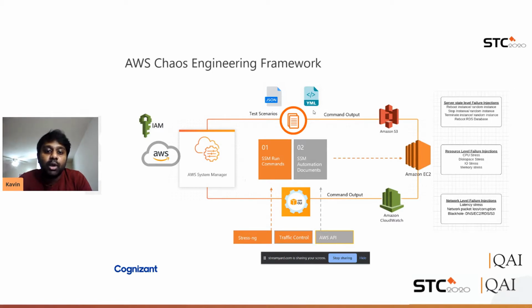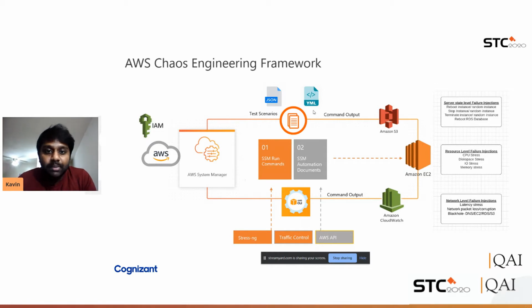And the traffic control component allows us to inject network latency, packet loss, and packet corruption scenarios. And AWS has a lot of API functions to control their resources. Using AWS API functions, we inject system state level failures like restarting an instance, stopping an instance, and terminating an instance. So utilizing these three components, this framework is built.